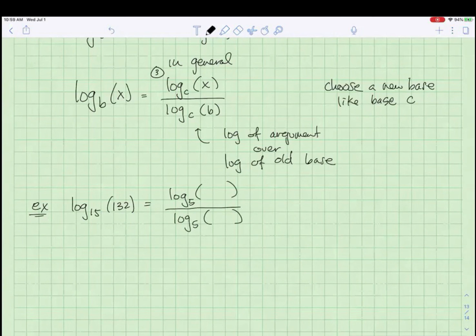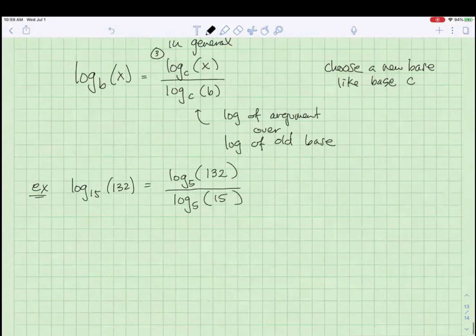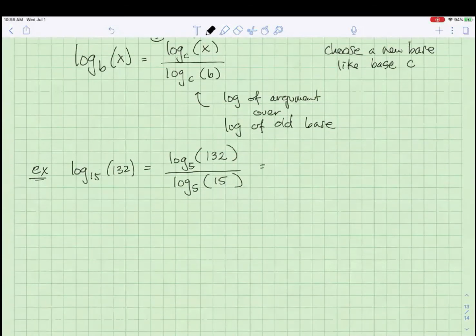Now, what that means is we have the log of the argument, 132, over the log of the old base, 15, using the new logs in general. There it is. Now, this is also equal to the log of 132 over the log of 15, and it's also equal to the natural log of 132 over the natural log of 15.